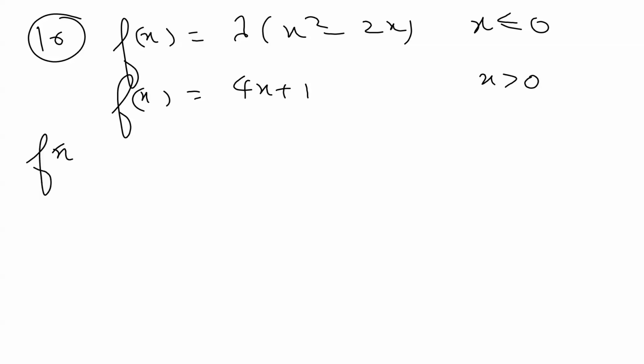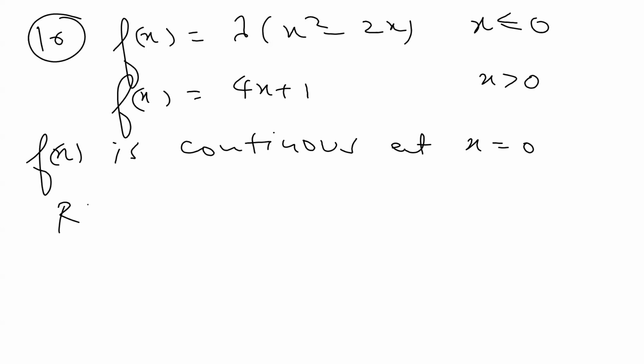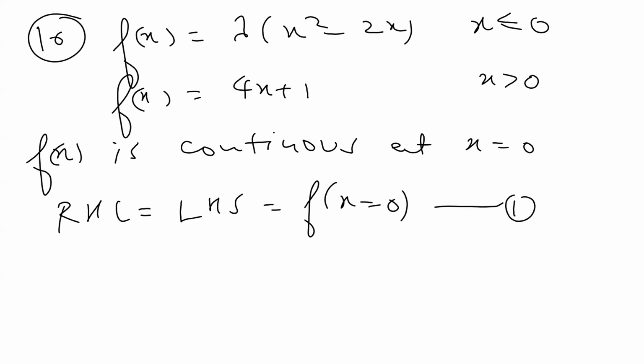So, given f of x is continuous at x equal to 0. So, RHL equal to LHL equal to f of 0. This we are not proving, it is continuous, so all three terms are equal.